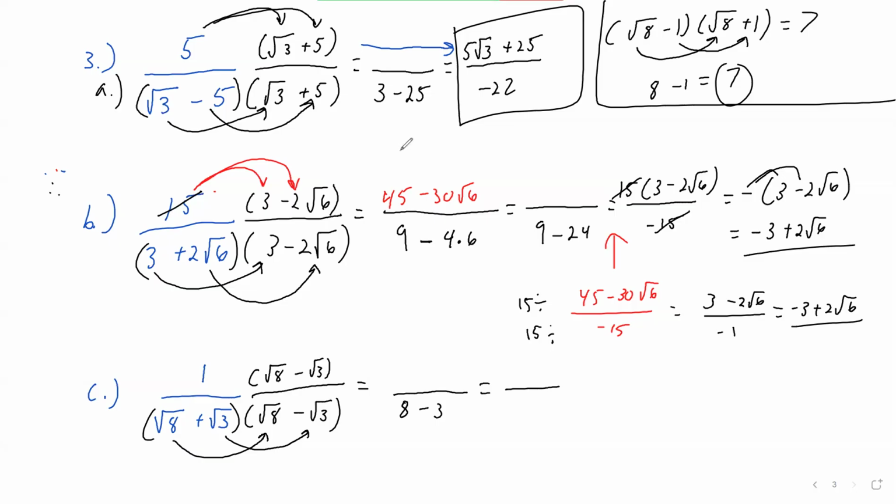I don't know if you have noticed that, but it'll always be a subtraction. Be 5. And then 1 times this is just going to be what? That's just going to be itself, right? But do watch out for that. 8 minus 3, yes, I can get 5. Square root of 8 minus 3 or square root of 3, I cannot combine those. Right?